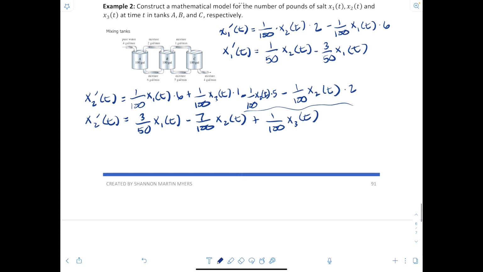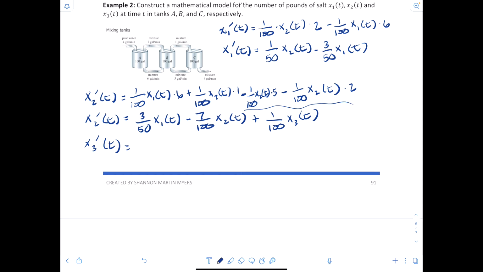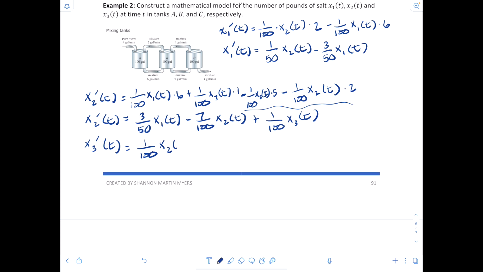And finally, x3 prime at t will be. Let's see what's going in and what's coming out. So we've got from tank B, which has 100 gallons, 1/100 times x2 at t times 5, because it's going into C at 5 gallons per minute.